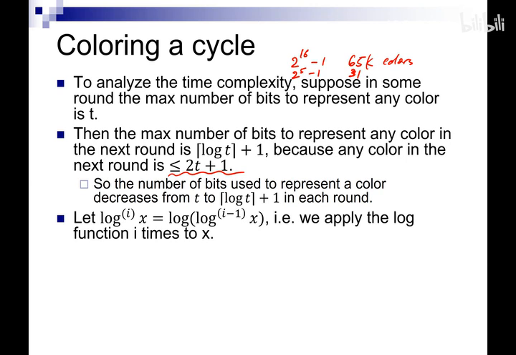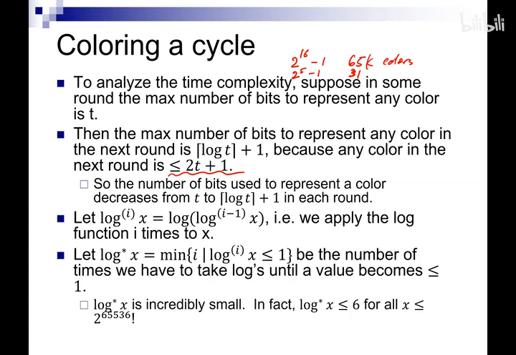So you take the log of the log of the log of the log, and so on, of x. Given this iterated log function, let's define log star of x: we start with x, and then we look at how many times we have to take logs until the value becomes less than or equal to 1.